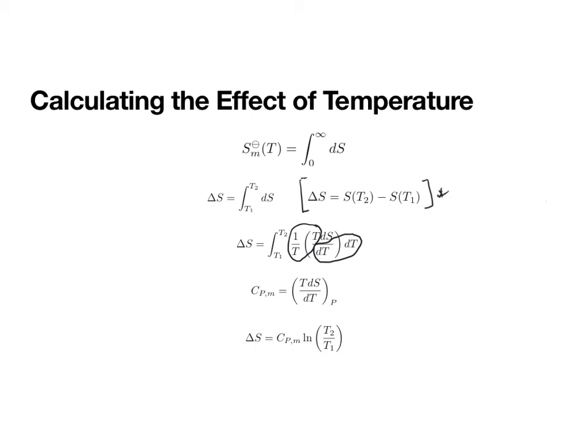I'm going to erase this so that we can see what's going on a little better. This T dS/dT is equal to CPm, the molar heat capacity at constant pressure. And if we use this and do the integral, we find that delta S is equal to Cp times the natural log of T2 over T1.